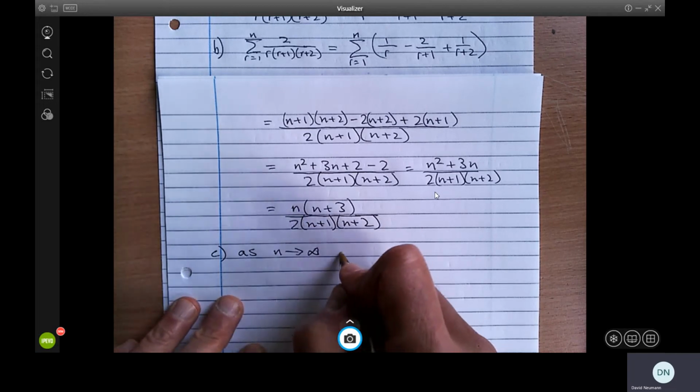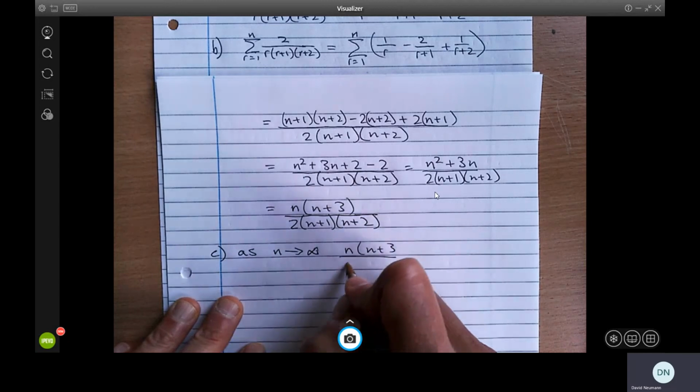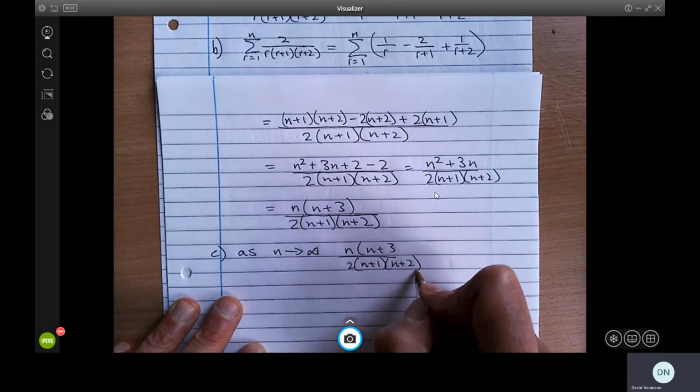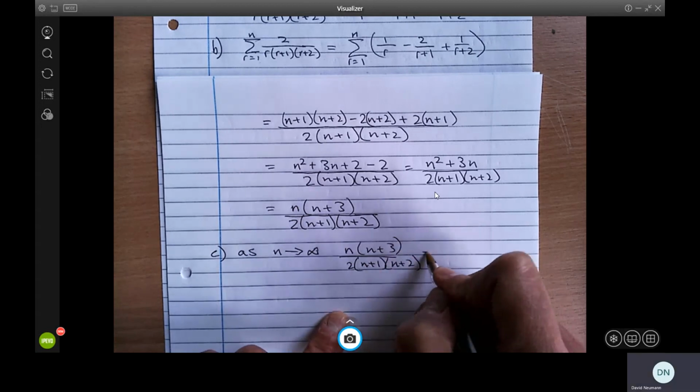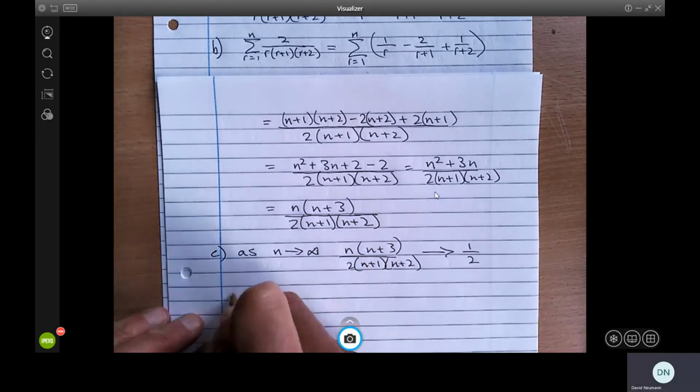So this n plus 3 over 2 n plus 1 n plus 2 is going to get closer and closer to a half.